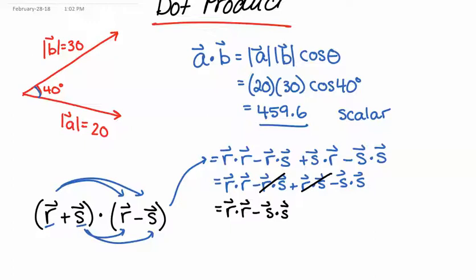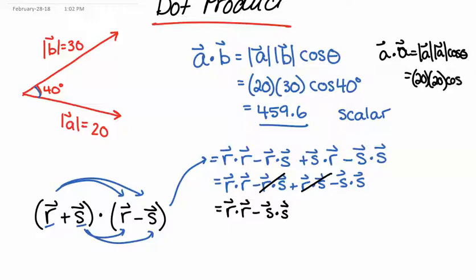So if you think about our example up here, where we did a dot b, let's say we did a dot a. Let's see what happens when we do the dot product between two of the same vectors. Now my equation becomes magnitude of a times magnitude of a times cos theta. The magnitude of a is 20, so 20 times 20.